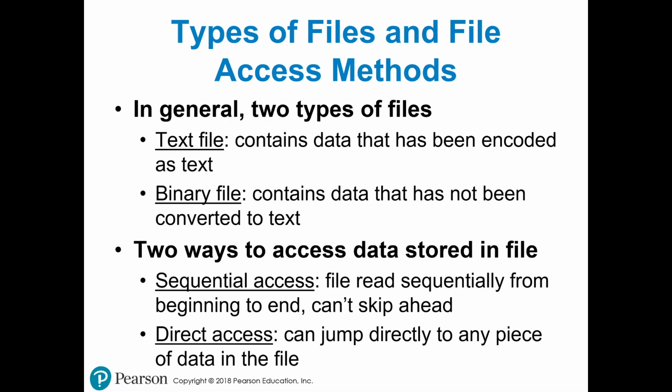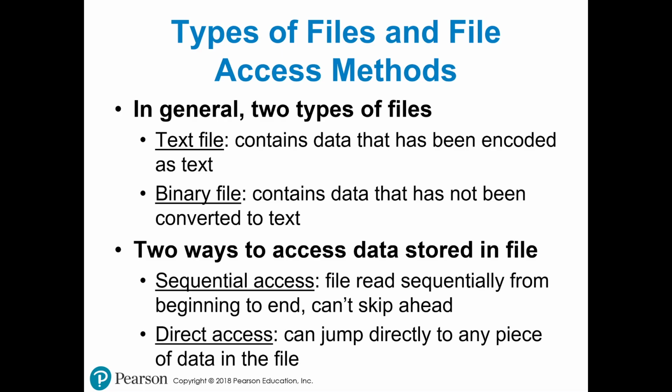But when we want to write it out to a file, we have to go the opposite way. If we've done some arithmetic on an integer and want to write it out to the file and want it to be readable, which a lot of times we do, we need to convert that from a binary integer to a string that looks like that binary integer, the series of characters that represent it, and those two are different things.